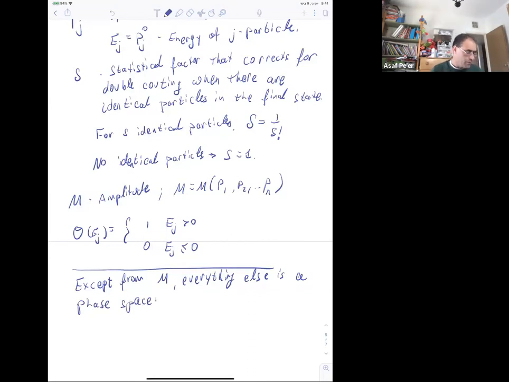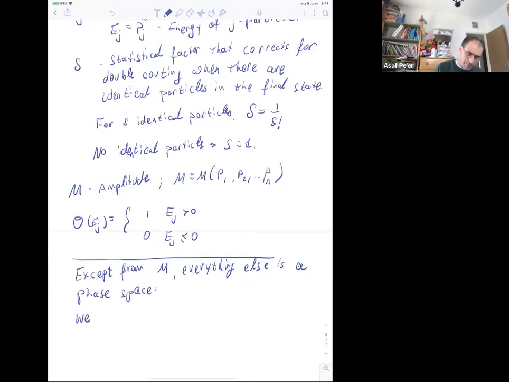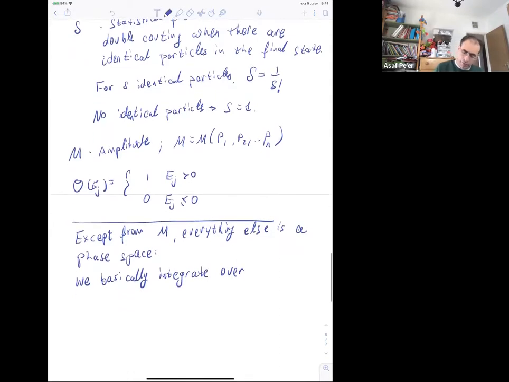You basically integrate over all outgoing four momenta subject to three kinematic constraints.